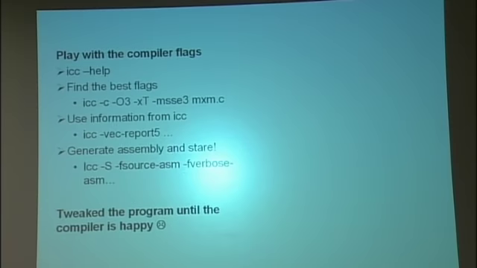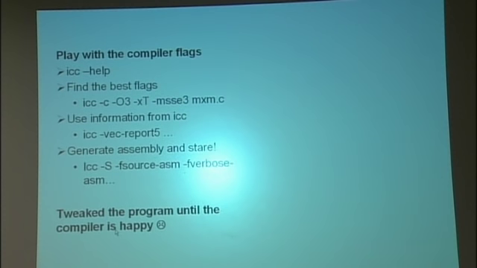A lot of the time we play with compiler flags, and this is not an exact science. You keep trying, and sometimes you even get information back about what the compiler did. It might give you hints that it couldn't do something because of a certain part of the code. And worst comes to worst, you can generate assembly and stare at it.